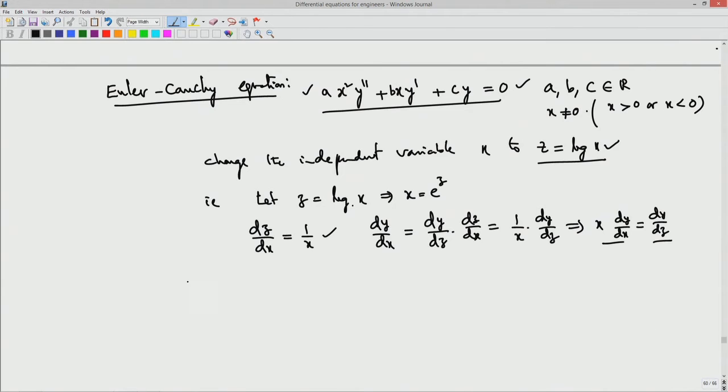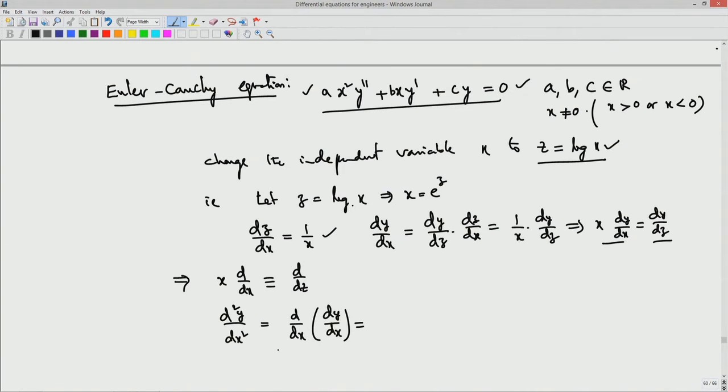In operator form, x times d dx is equal to d dz. Now if you want x square d square y by dx square, this is d dx of dy by dx.